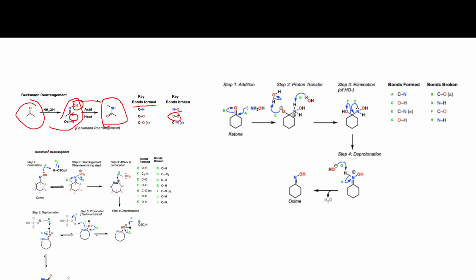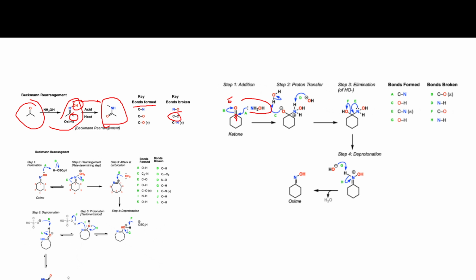How does the first step happen? In the ketone, if we add hydroxylamine, the oxygen of the ketone has a delta negative charge, and this carbon becomes a little bit delta positive.